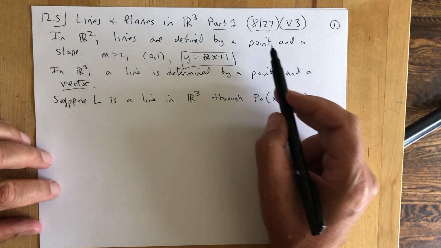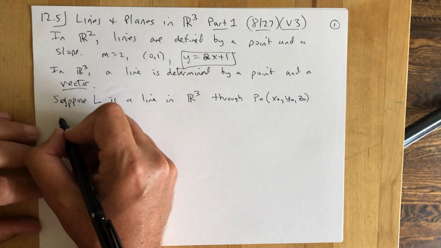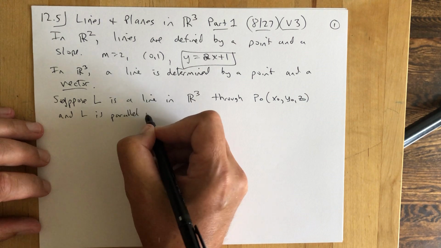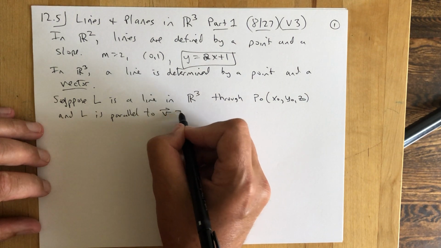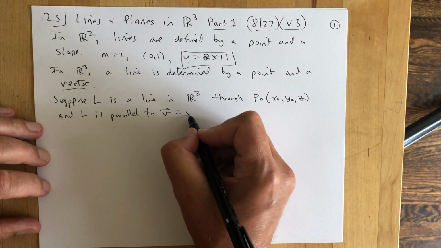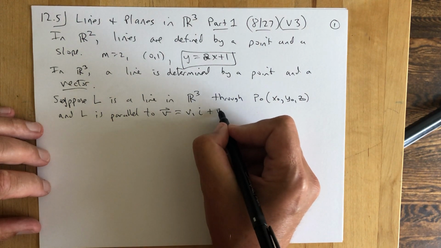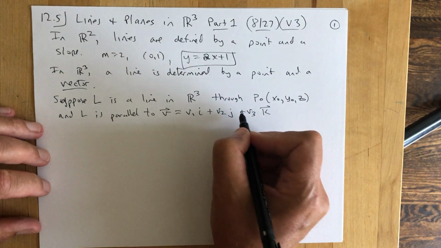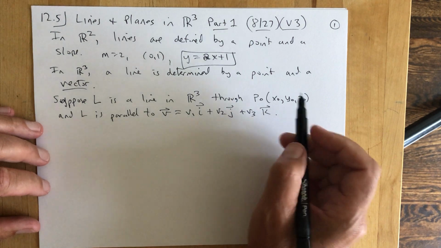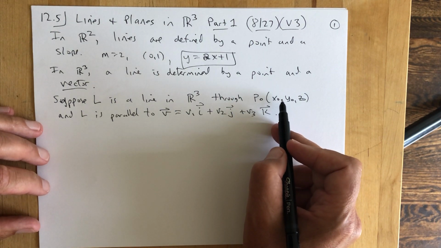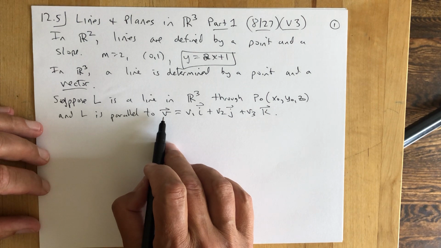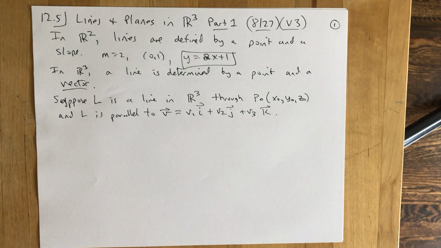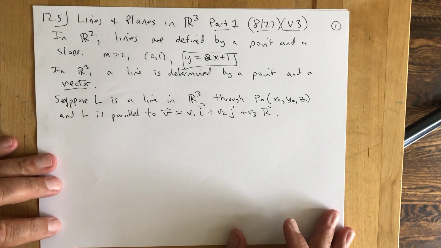So here's our point to go along with the point-slope form, and this line is parallel to some given vector v, which we'll write as v1i plus v2j plus v3k. So we have a given point, P naught, and a vector v that the line through P naught is parallel to. And this should be enough to give us the equation of a line in 3 space.